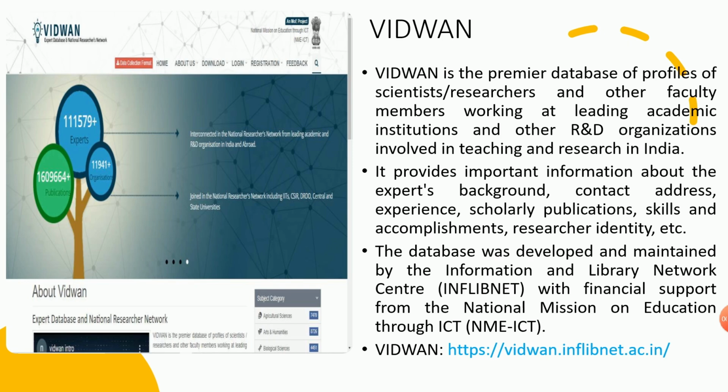Either you can get their data about publications or their experience, scholarly publications, skills, something. Here you have a complete profile or biodata about the particular researcher. So if you are applying for an R&D job with a professor or something, you can go through here, as it is similar to the staff profile available on the university website.